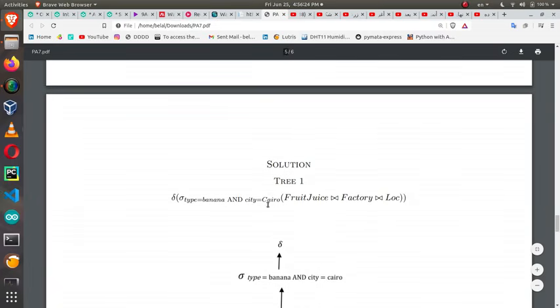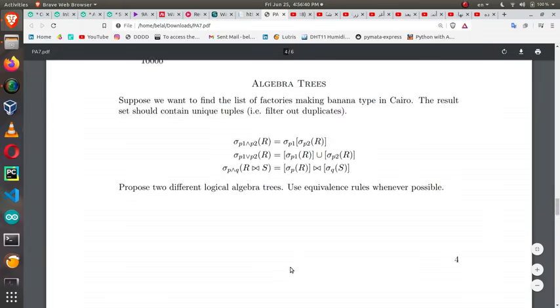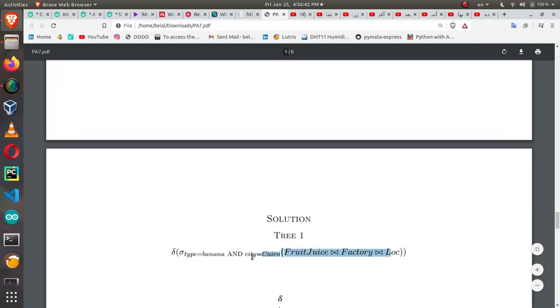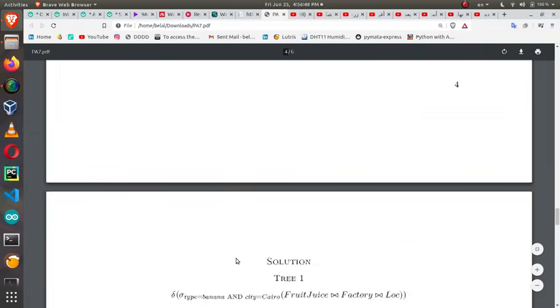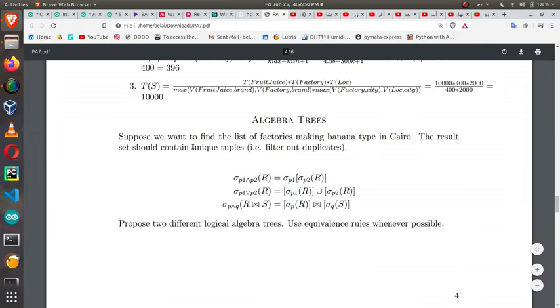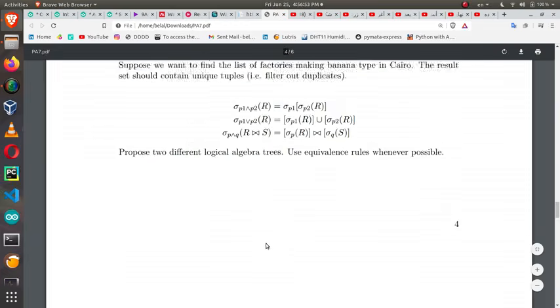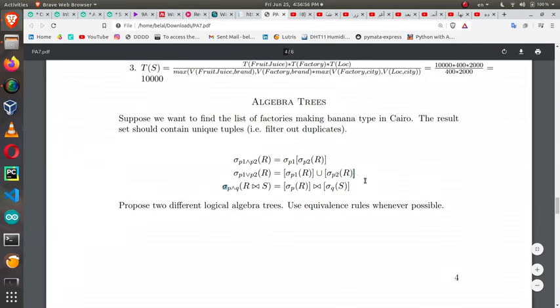The first and simplest solution is to join the three tables, fruit juice, factory, and location, with the two conditions: type equals banana and city equals Cairo. This is the basic algebra tree to execute the requirement. And using this rule right here, we can propose another solution.